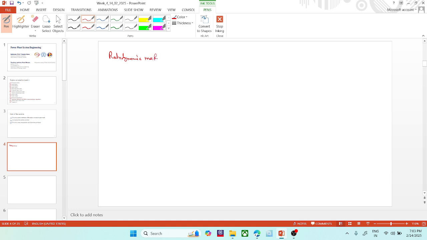Rotodynamic machine. So in this kind of machines, generally the energy transfer takes place between any fluid stream and a rotor.